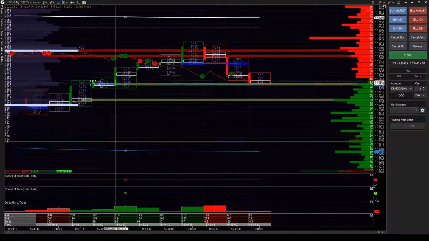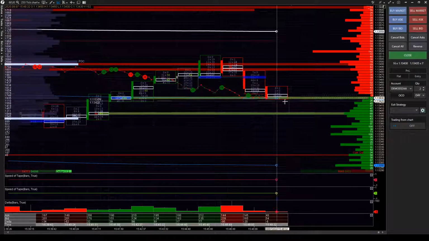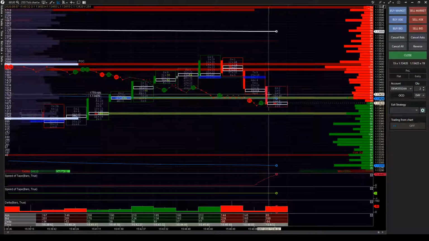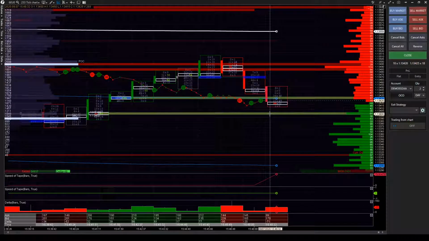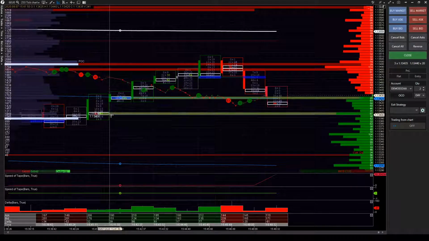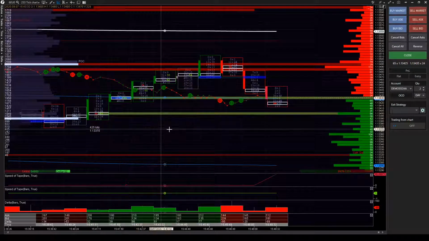Okay, it's the same as this one right here. And we can see if there is any reaction from the buyers when they're reaching this price. You can see there was none, so the price just went through it. Now we wait to see if something can happen when the price reaches this imbalance right here.